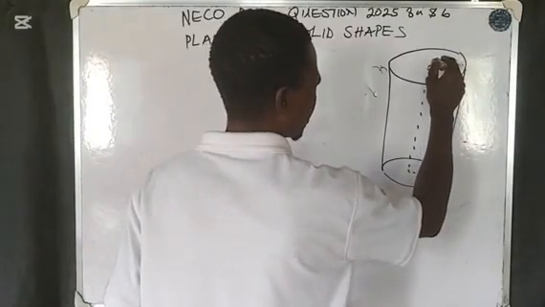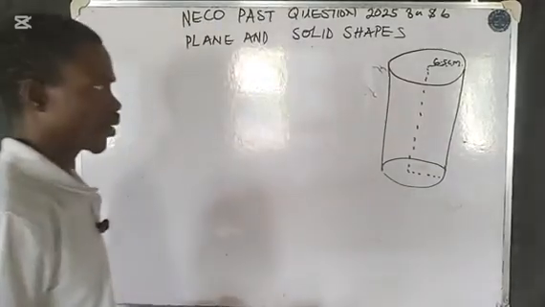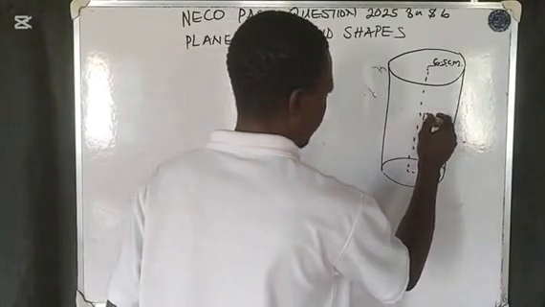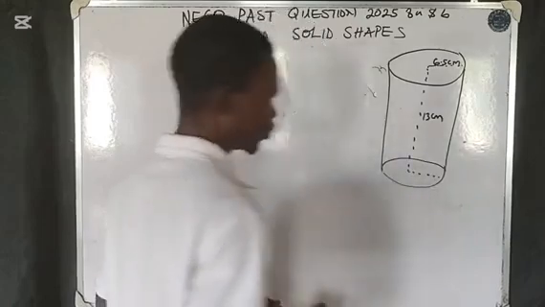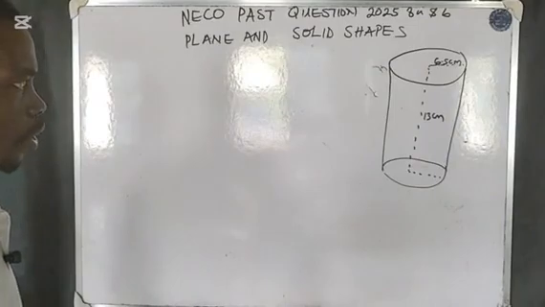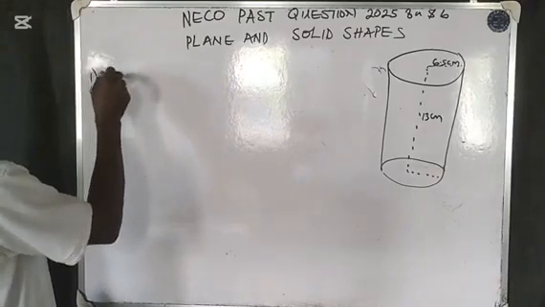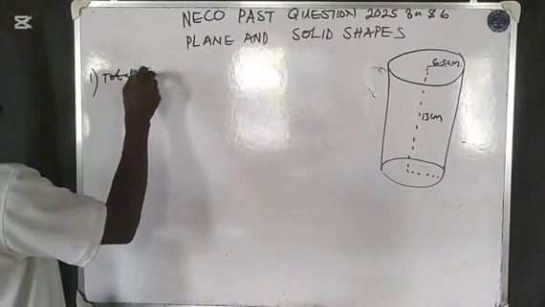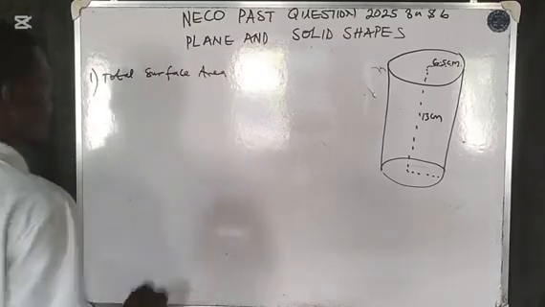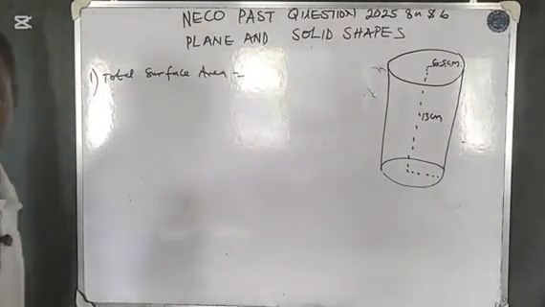It has a radius of 6.5 centimeter and height 13 centimeter. They say we should find the total surface area. The first thing we'll do, what is the area of the curved surface?